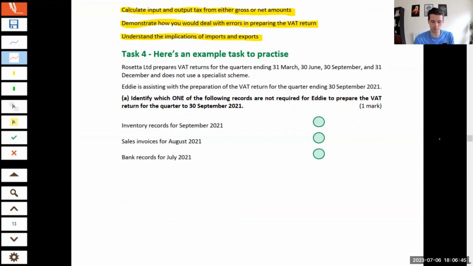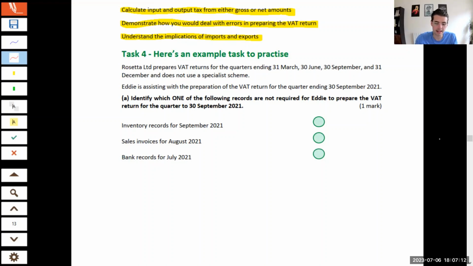Task 4. Rosetta Limited prepares VAT returns for the quarters ending the 31st of March, 30th of June, 30th of September, and the 31st of December, and does not use a specialist scheme. So straightforward, 4 different VAT returns, no special schemes, we're just on the standard one. Eddie is assisting with the preparation for the returns for the quarter ending September 21.